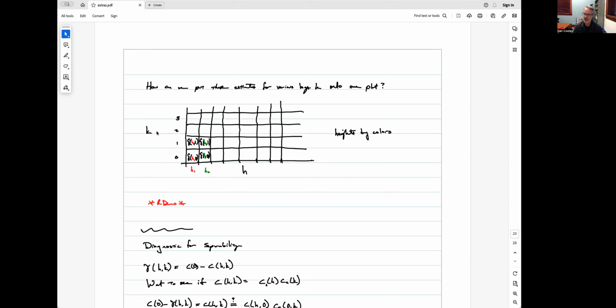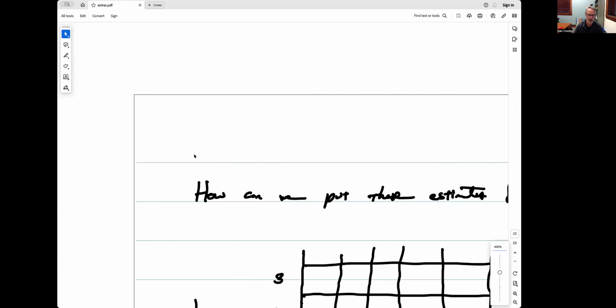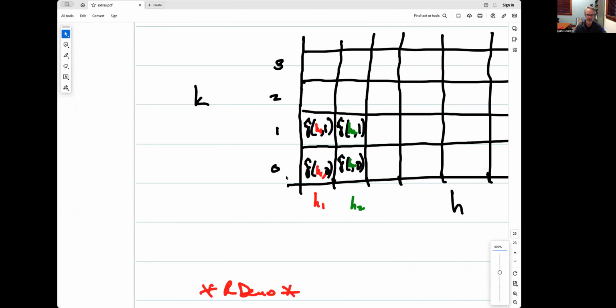But instead of having gamma hat on our vertical axis, we're going to have K, the time lag. And then coming out of this, think of the height leaving the paper as our variogram estimate.